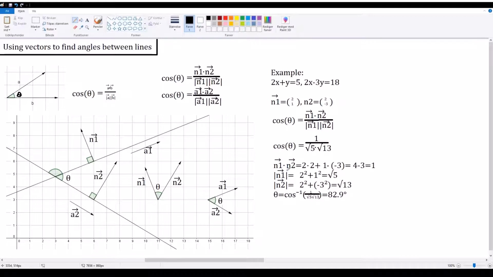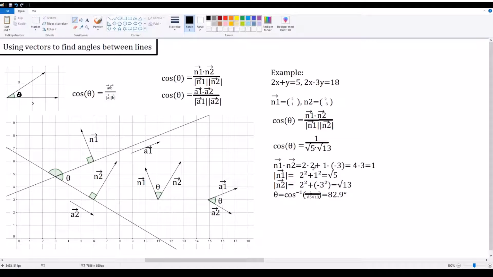We start by multiplying n1 by n2, which equals 2 times 2 plus 1 times negative 3, which equals 4 minus 3, which equals 1, which is why we have a 1 up here. Then we want to find the lengths of n1 and n2.